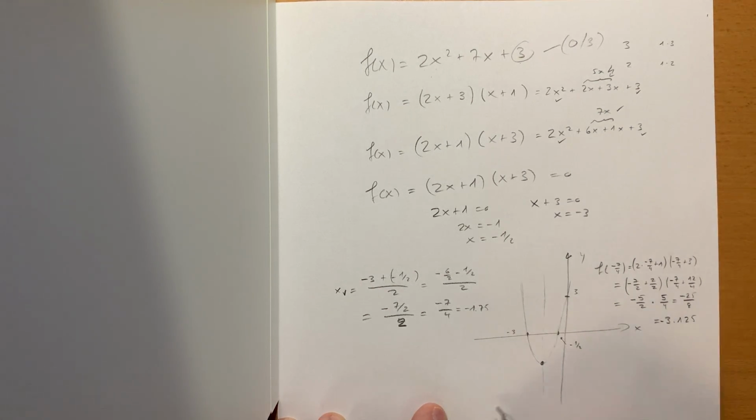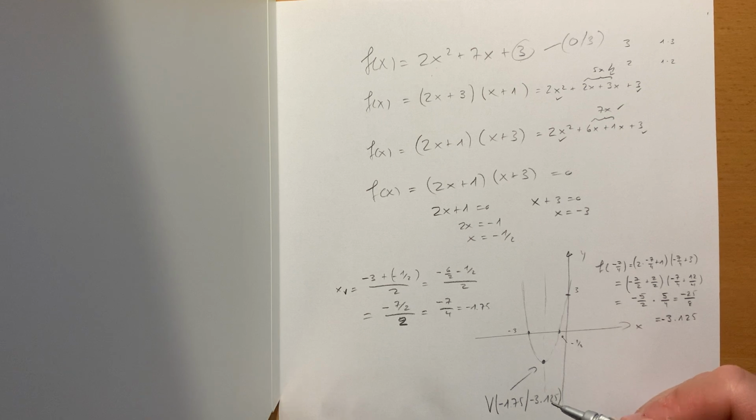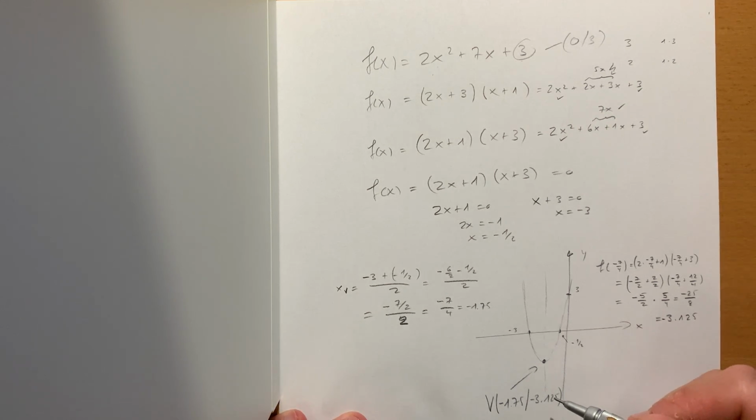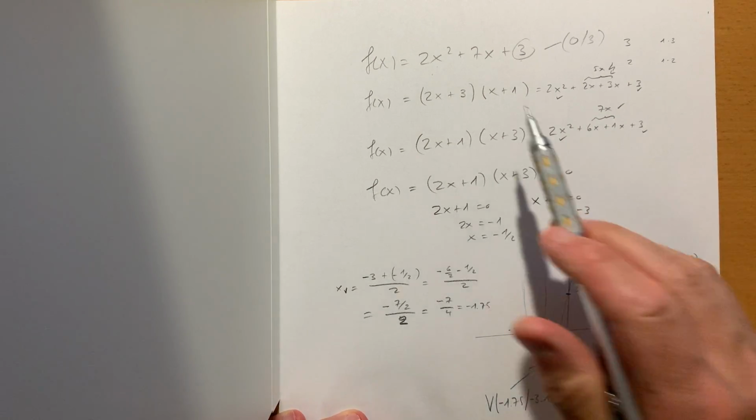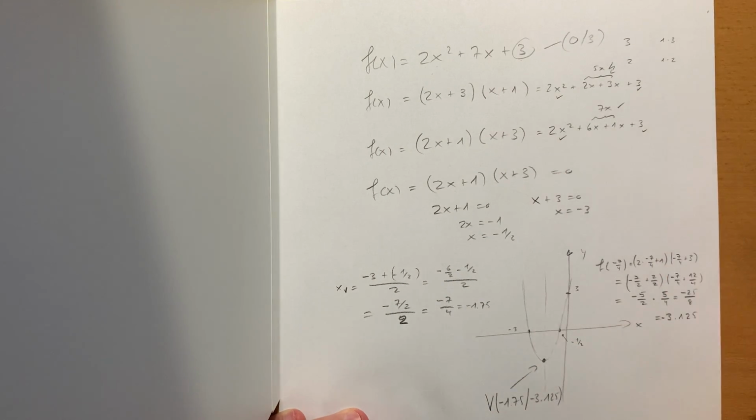So your vertex is in fact at minus 1.75 and minus 3.125.